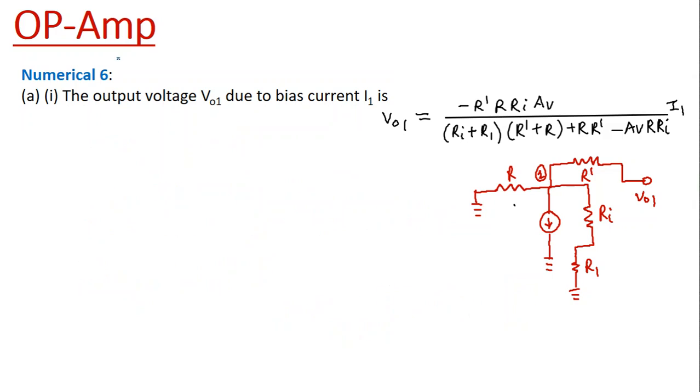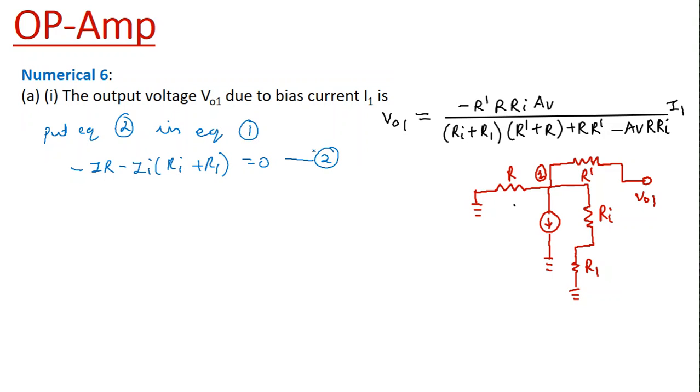In the next step we put equation number 2 in equation number 1. Our equation number 2 was minus IR minus II into (Ri plus R1) is equal to 0.